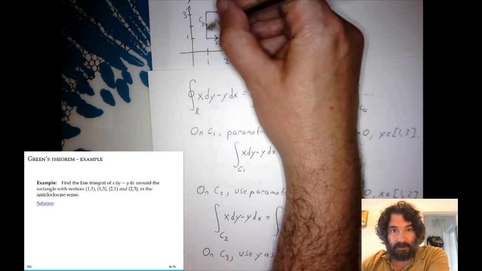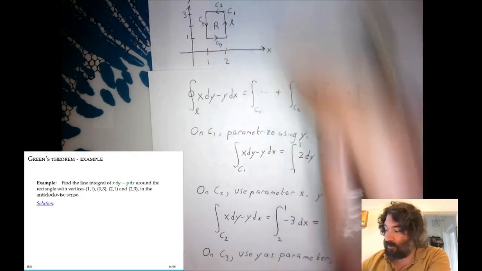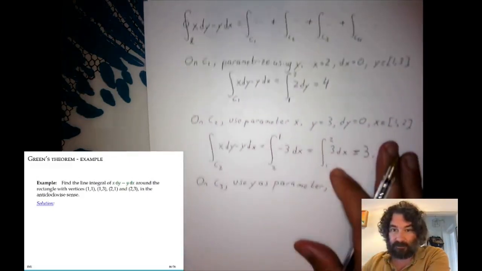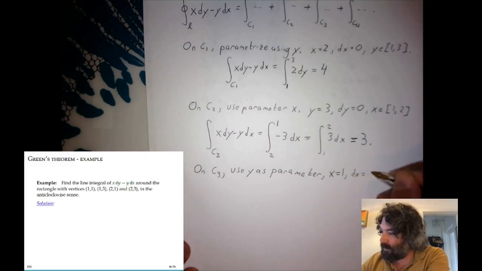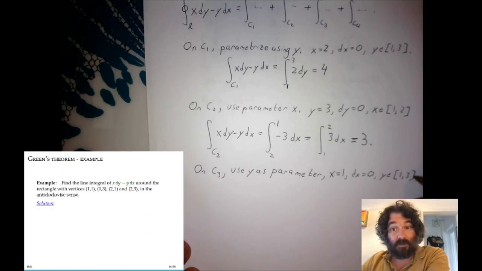And on this C3, we just have x is equal to 1. X is a constant. And x equal 1, dx, as before when we did C1, equals 0. And y is in the interval from 1 to 3. And y goes from 3 to 1.